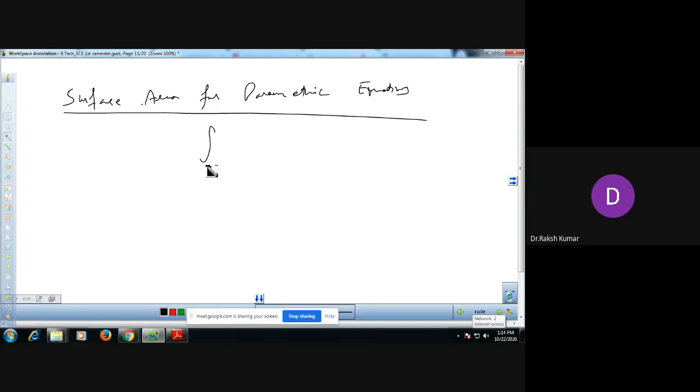Earlier we used the formula, where x or y varies from a to b, 2 pi y ds, and in the denominator we took either dx or dy. But now we shall take a parameter dt, and you will integrate with respect to t. Now the question is how to find ds over dt.